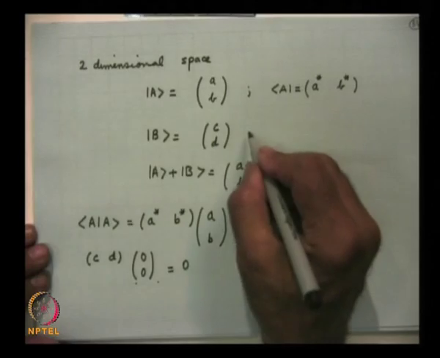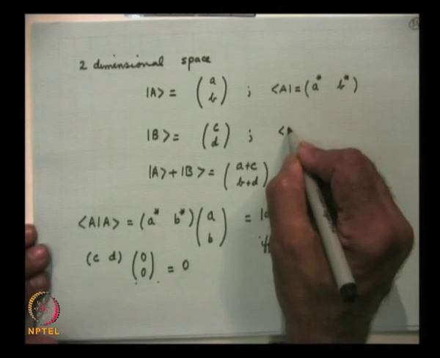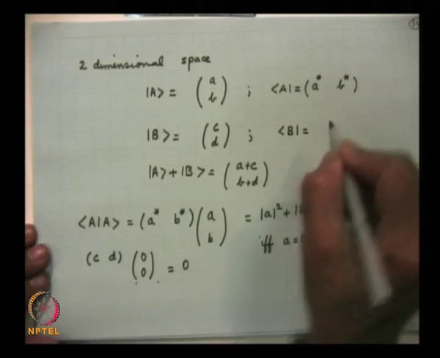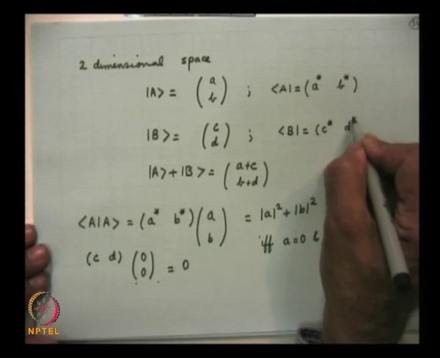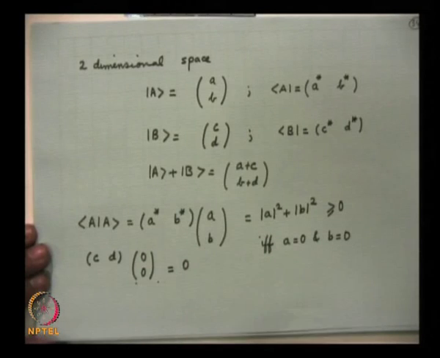Now, here bra B is equal to C star D star, and the same analysis I can do.